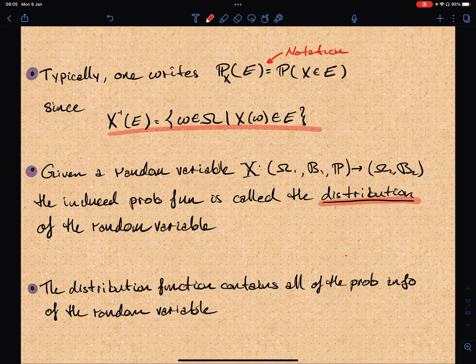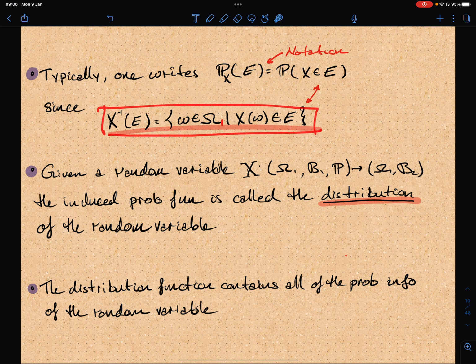So this x in E really stands for this set, this event, which is the pre-image of E under x: all the omegas in omega 1 such that x of omega is in E.